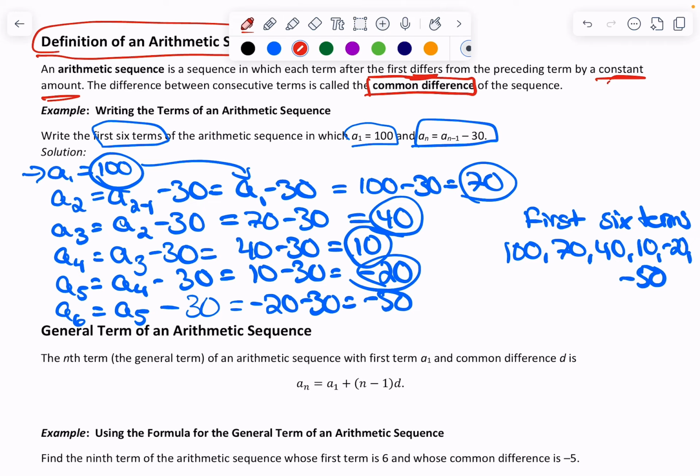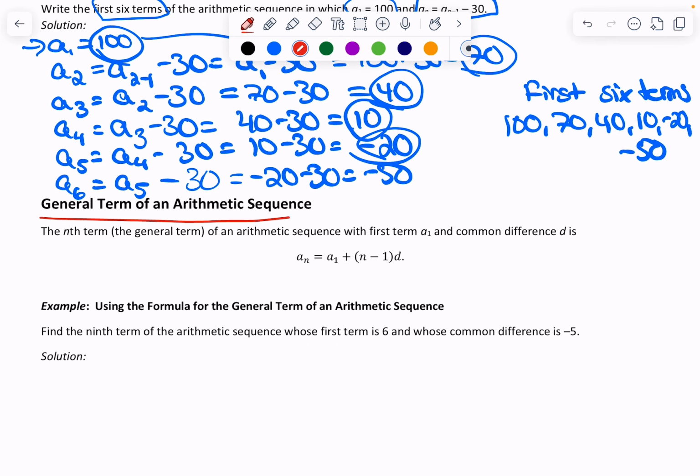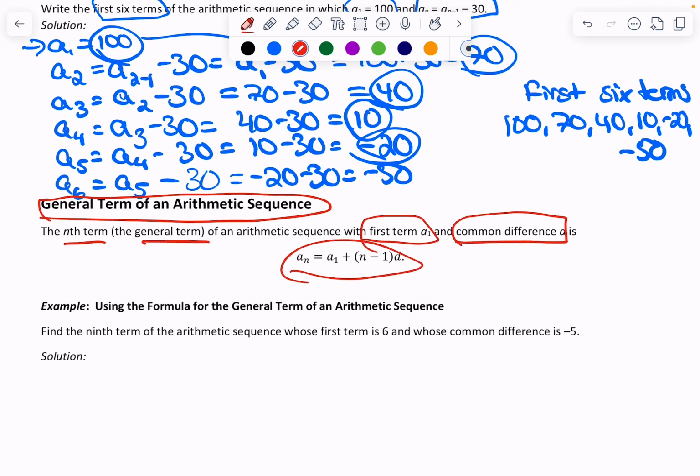Then we're going to look at the general term of an arithmetic sequence. The nth term, or the general term, of an arithmetic sequence with first term a1 and common difference d looks like this. So first term, and then we've got the common difference d.